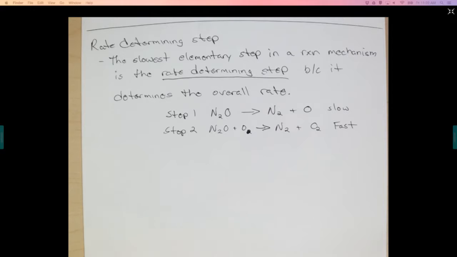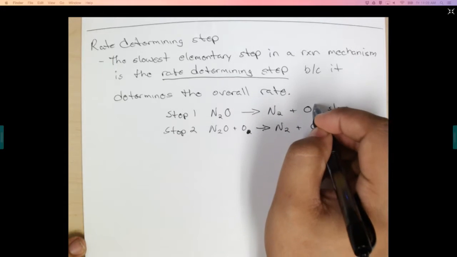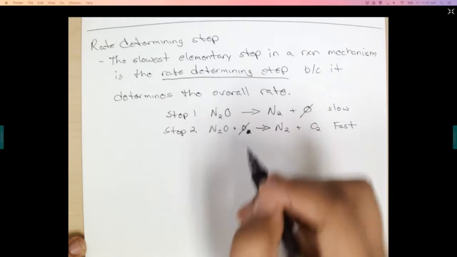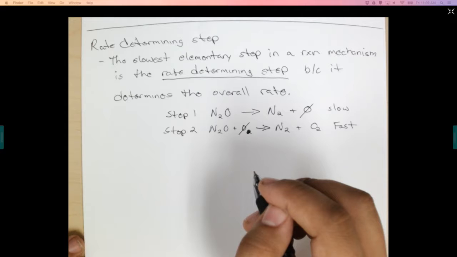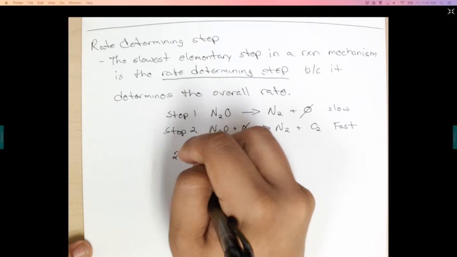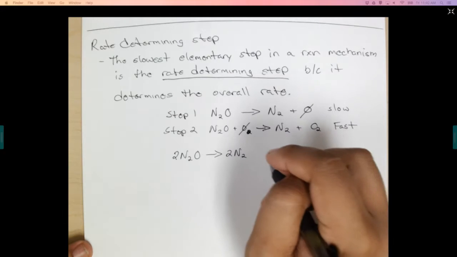So for example, we have here step 1 and step 2 for an overall reaction. Now, if we want to take a look at combining the overall reaction, we see that oxygen is what cancels on both sides. And we end up with 2N2O arrow 2N2 plus O2.